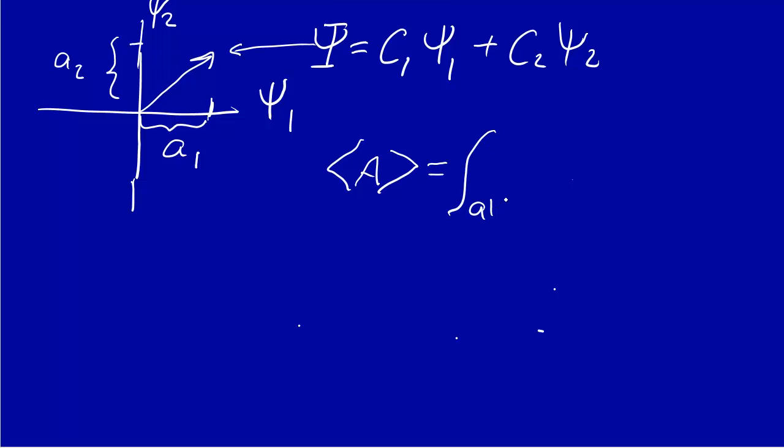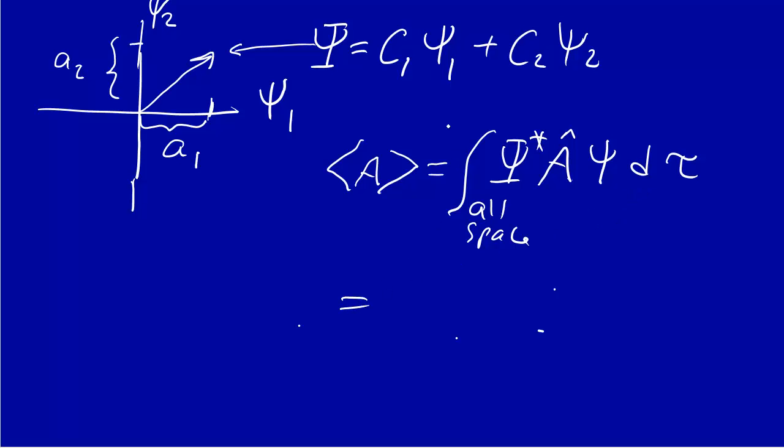Integral over all space, although you could do it in some subspace, of the total wave function psi star, capital psi, times the operator corresponding to this observable A, times psi, integrated over all space, or whatever region you're interested in.